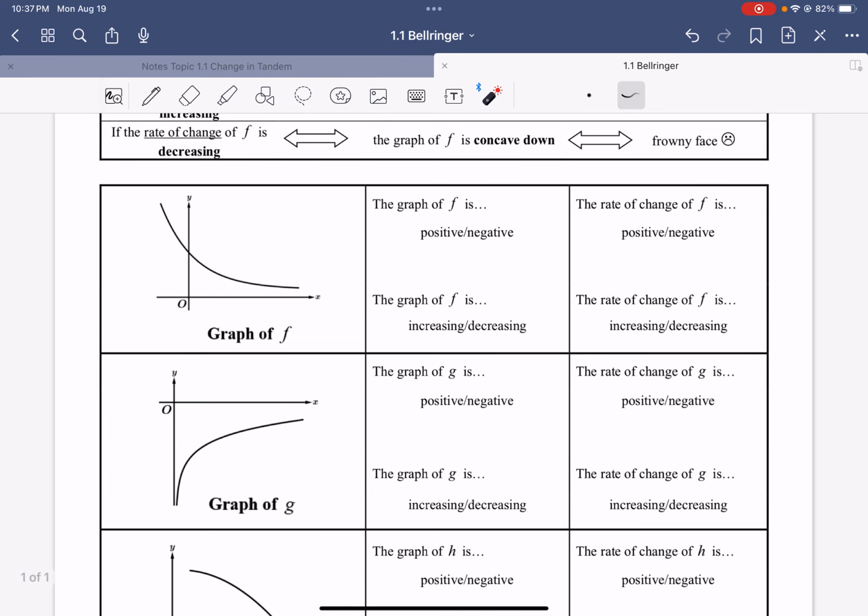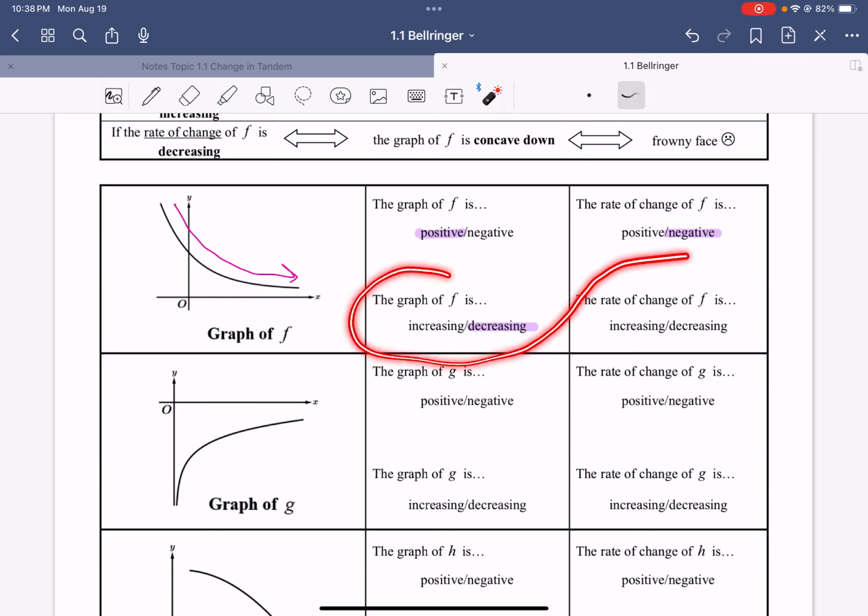The graph of f here would be positive because the entire thing is above the x-axis. Okay, so here's the x-axis and nothing falls below that, so it's all on the top. Now the graph of f, notice that it's going down. That means that the graph of f is decreasing because the slope is negative. That's the same thing on the other one. It says the rate of change of f is negative.